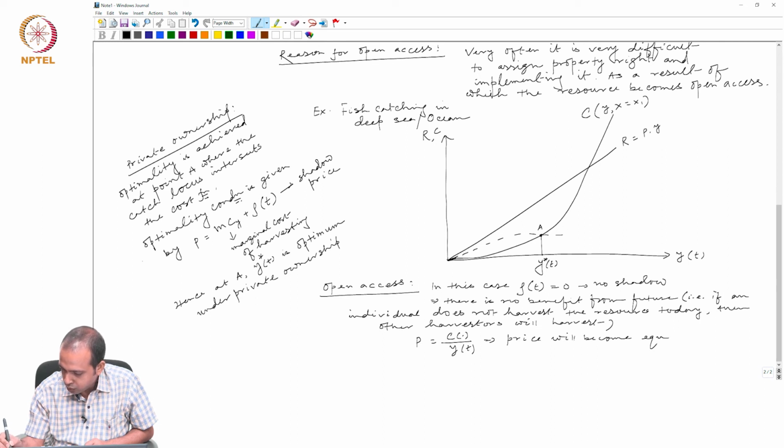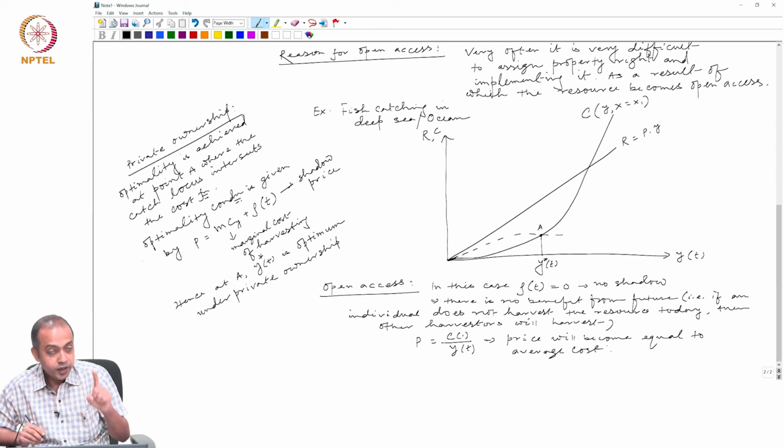In case of private ownership, P equals MC plus rho t. The moment rho t equals 0, in the context of open access resource, price is no longer equal to marginal cost. Why is this so?